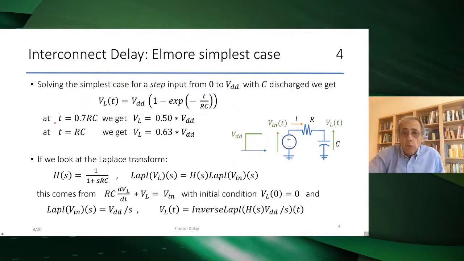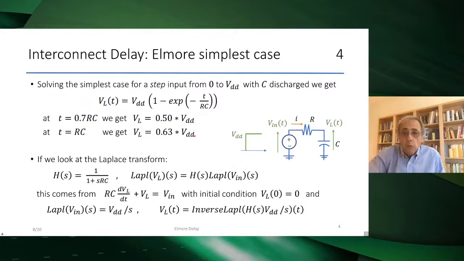So if we begin to advance t, this capacitor that's initially at 0 gets charged. If we took t at 0.7 RC, you have moved half of the voltage upwards. And if you go to t equals RC, you get 63% of the VDD there.